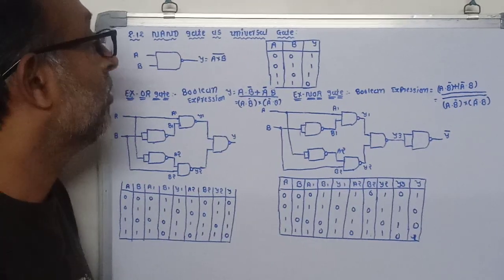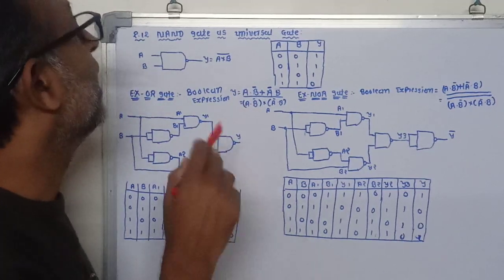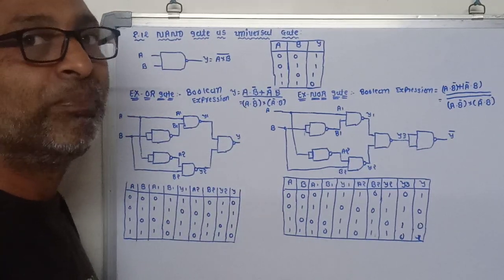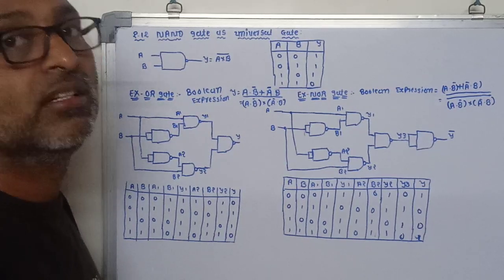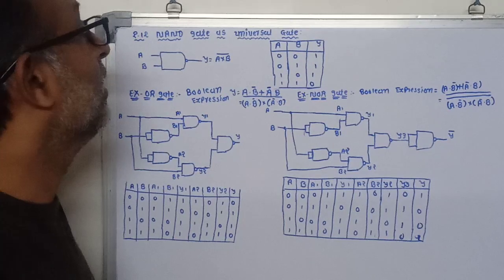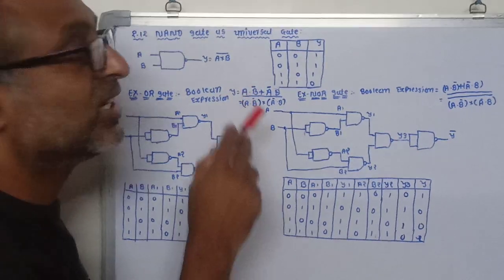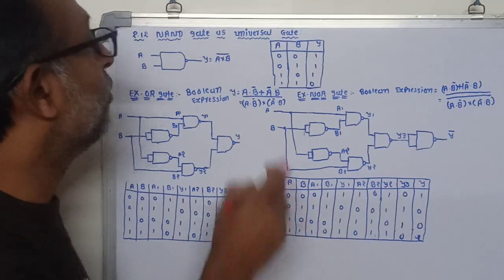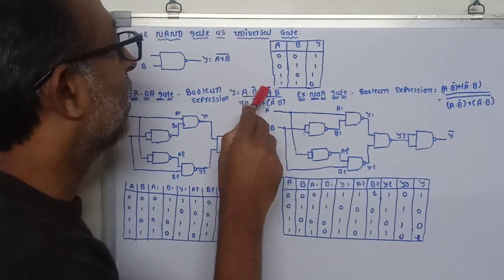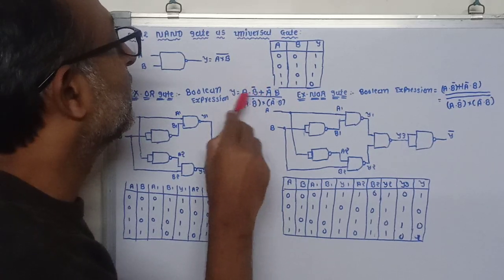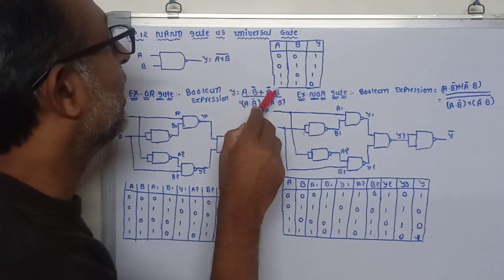So the main problem is it is very easy to get the multiplication equation because we are using only NAND gates. That means the NAND gate itself indicates a multiplication mathematical expression. So if we provide A into B signal, you can just apply the NAND gate and you will get this output. Here also, two NAND gates are required to get this A into B bar output and the A bar into B.